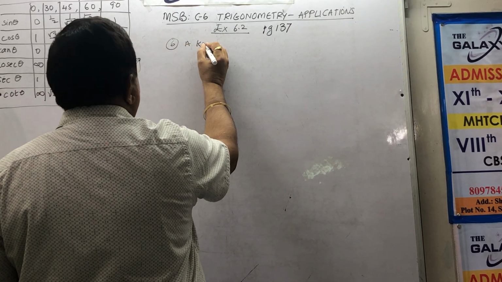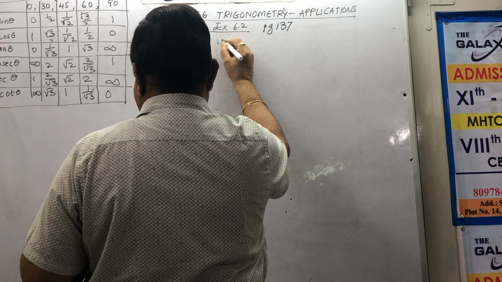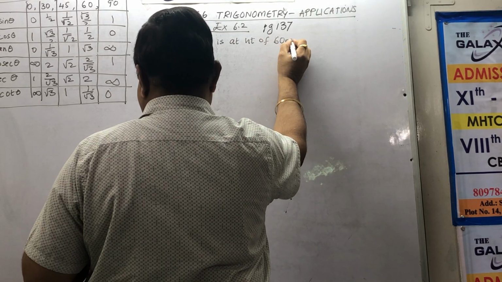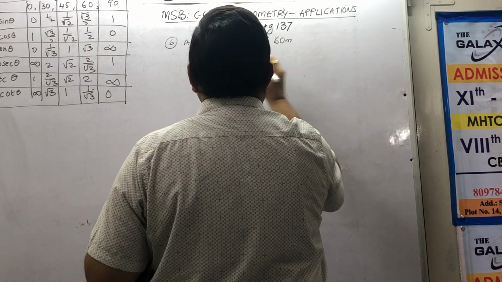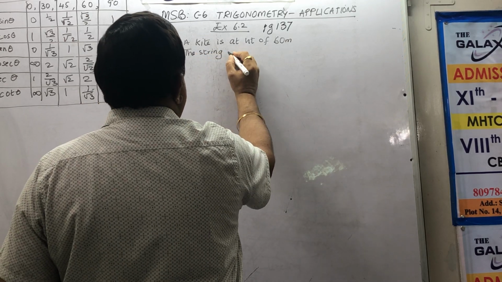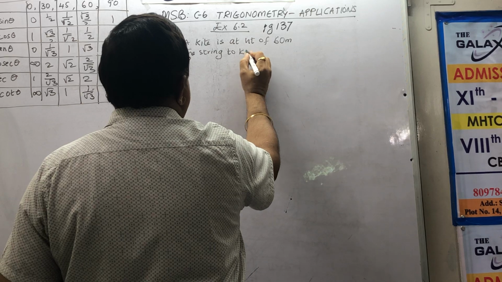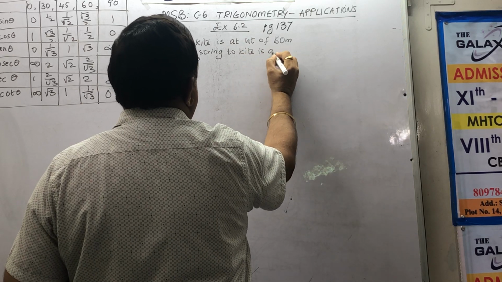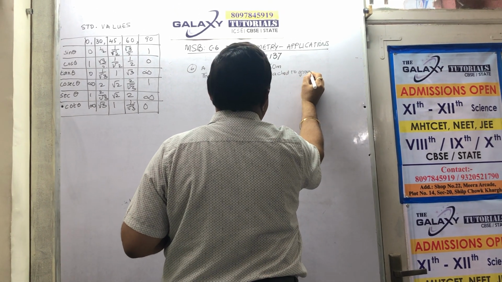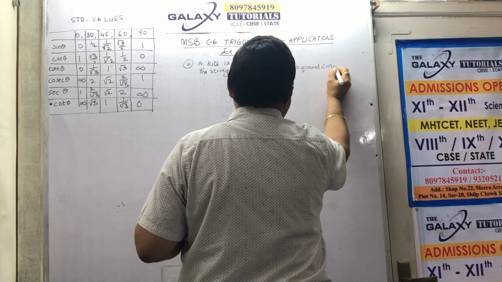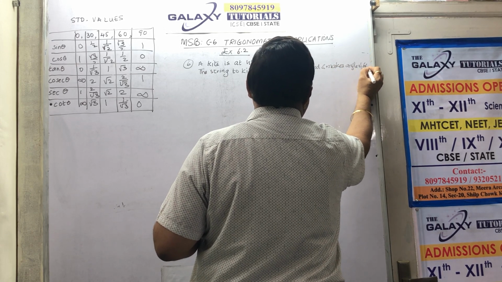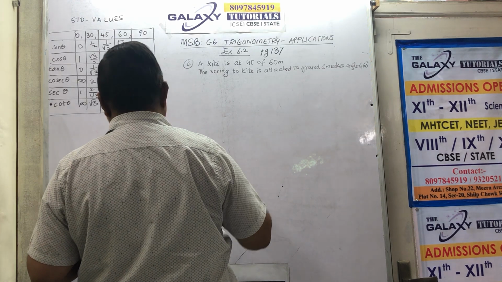A kite is flying at a height of 60 meters from above the ground. The string to the kite is attached to the ground and makes an angle of 60 degrees with the ground.